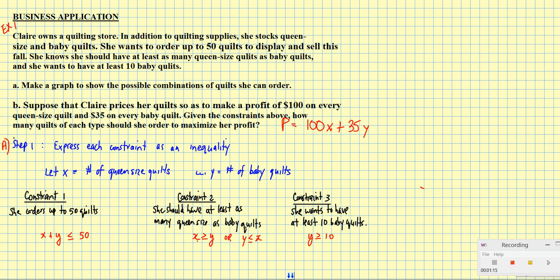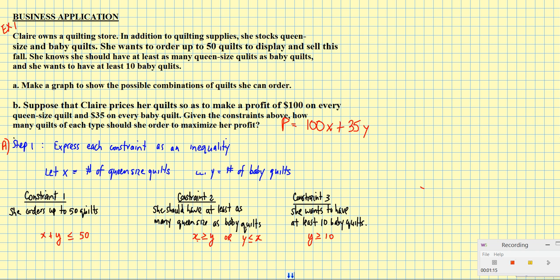If the queen-size quilts are X, then X has to be greater than or equal to Y. Or another way of writing that, which is exactly the same thing, would be Y less than or equal to X. So there's my second constraint. And our third constraint is that she wants to have at least 10 baby quilts.